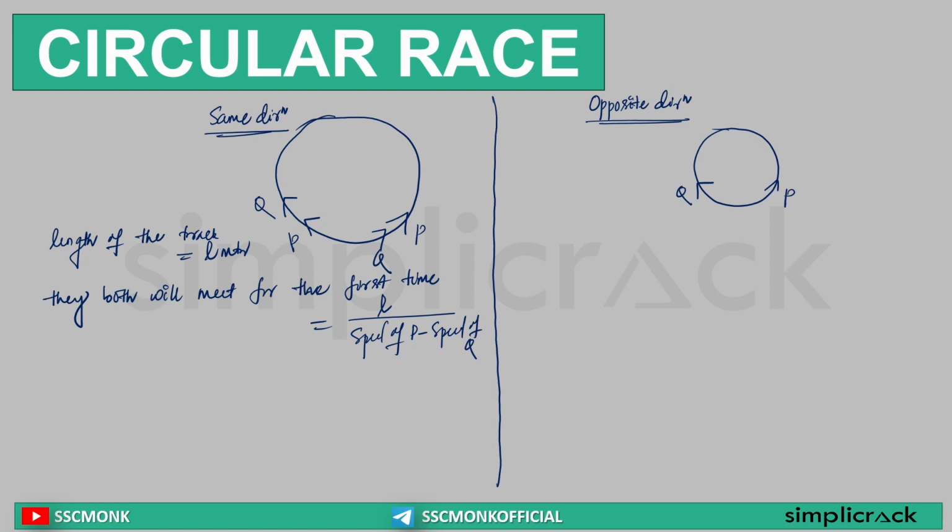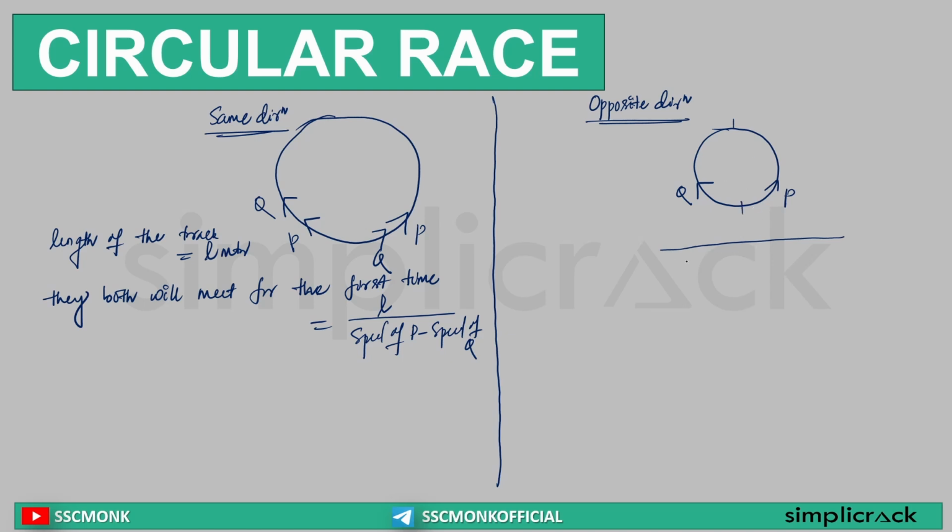But when they are running in opposite directions, that means if I have to break this circular track, it will be a simple line. From this point, they are running towards each other.